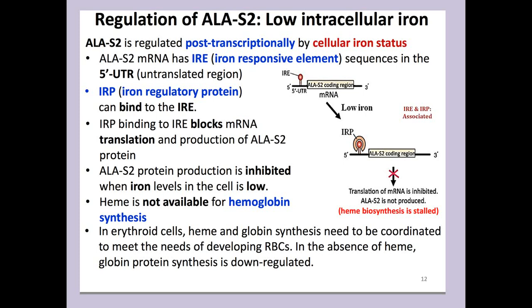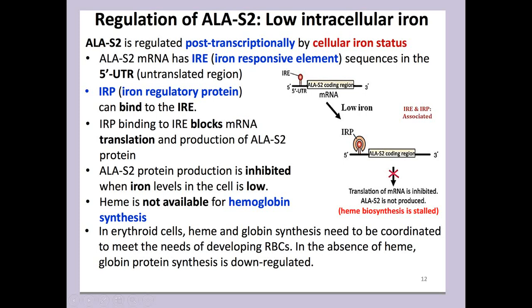How is ALAS2 regulated? It is regulated post-transcriptionally by cellular iron status. ALAS2 messenger RNA has an iron response element sequence in the 5' untranslated region. Iron regulatory protein can bind to the iron response element, and this binding blocks the messenger RNA translation and production of ALAS2 protein.